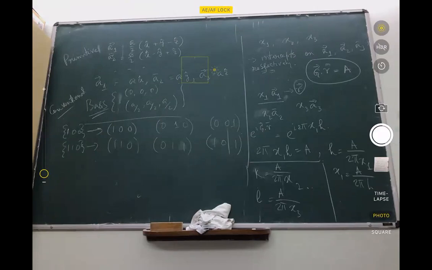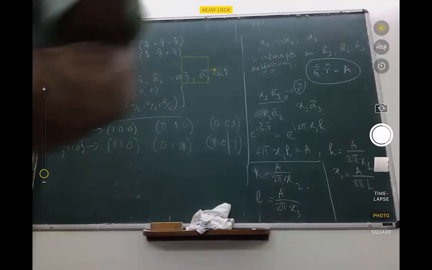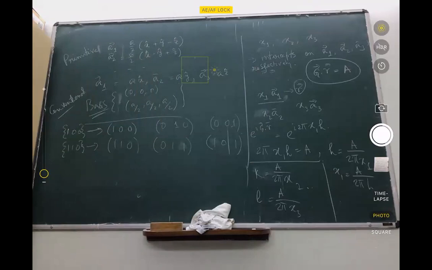Okay, so are there any questions at this point? Would you repeat this last bit? What do you mean by they are the same plane? They are symmetry equivalent in a cubic system. Okay.